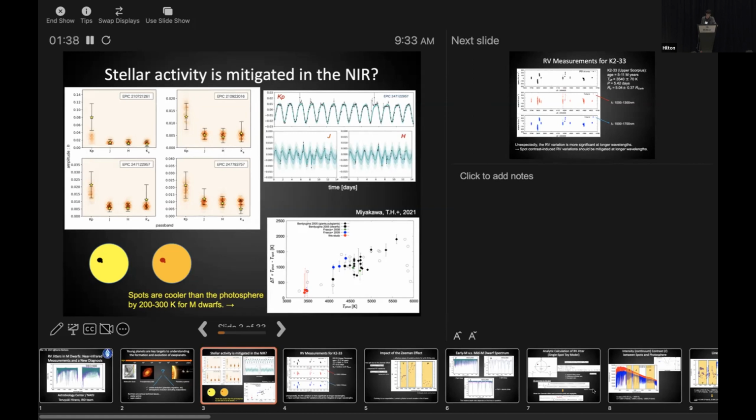From this kind of observation, we can break the degeneracy between the spot filling factor and spot contrast. And we found that spots are actually cooler than the photosphere by 200 to 300 Kelvin for those M dwarfs, which was consistent with the trend that for cool stars, the spot temperature is slightly lower than the photosphere.